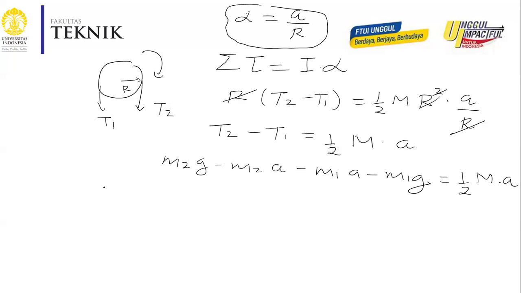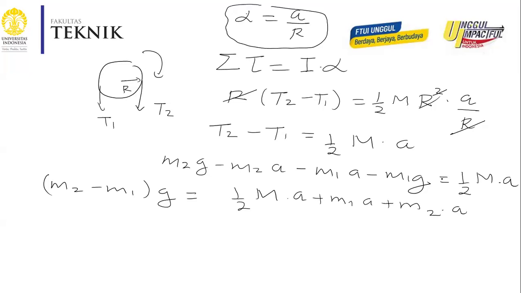On the left side only mass 2 minus mass 1 times gravity, and here is half of the mass, plus M1 A plus M2 A.